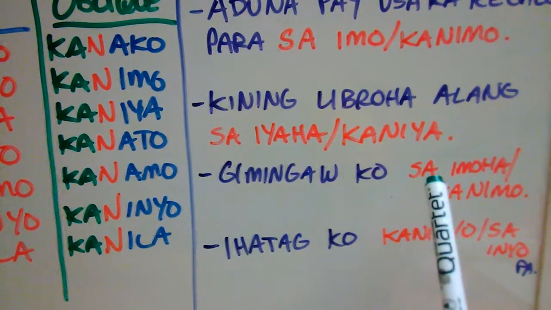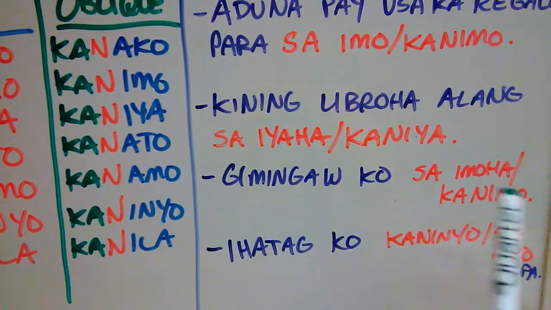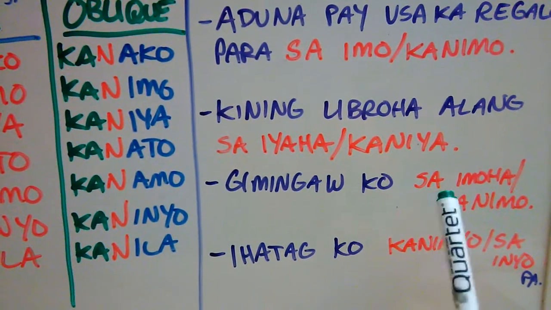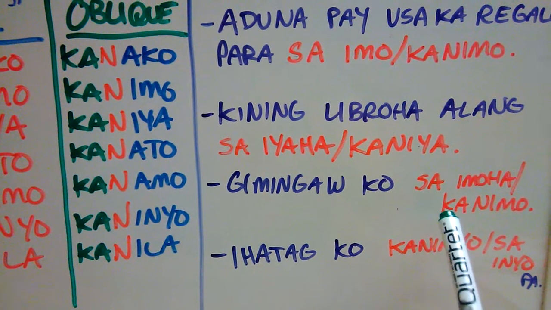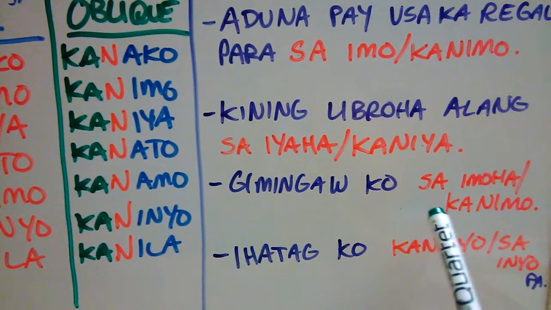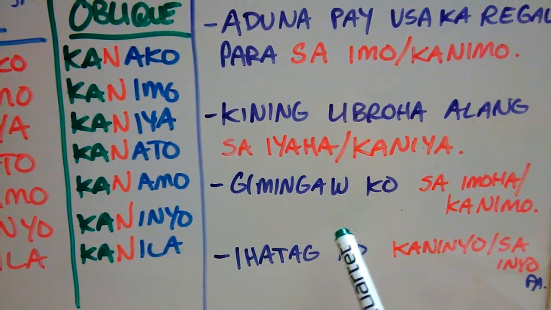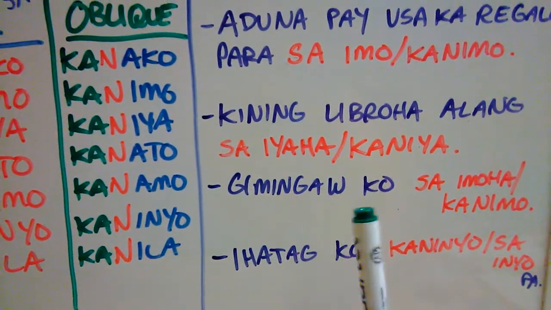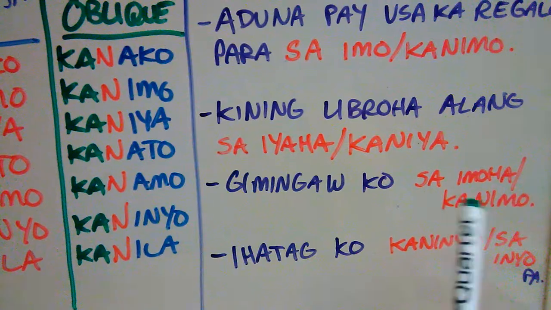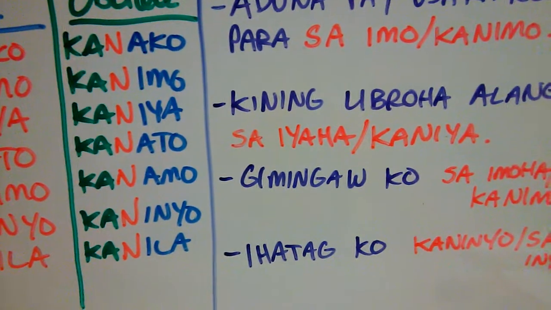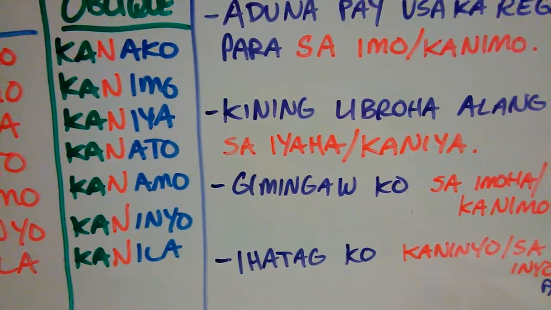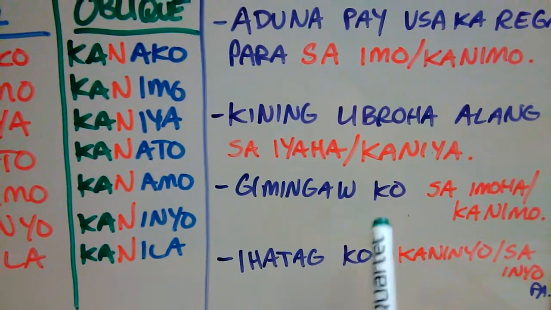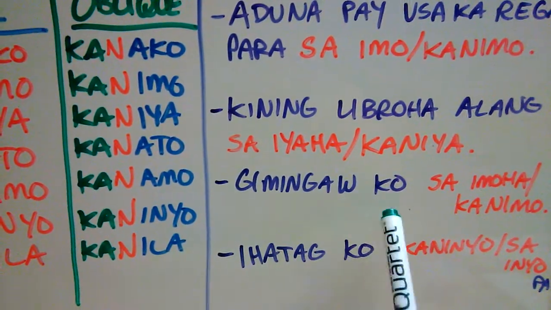But you can also say gimingaw ko sa imoha, because mingaw is a transitive verb. If we put the sa, imoha means I miss, it's more like saying I miss to you. Gimingaw ko sa imoha, like I'm the one doing the missing to you.